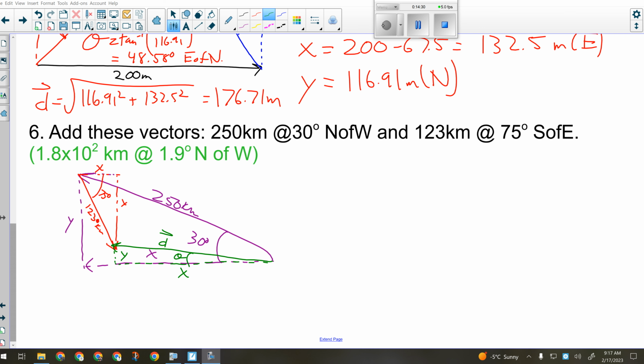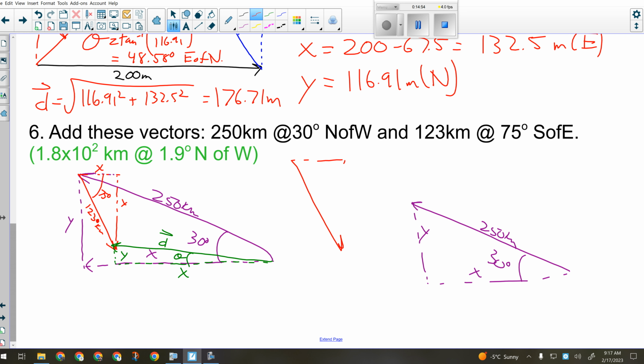So if I drew this all separately, and I had my 250, I could draw this one here, it was 30 degrees, it was 250 kilometers. This was Y, this was X, and then I draw the red one, but I don't draw it on the head of this one. It's going to go, degrees, this was x, this was y, and this was 123 kilometers.